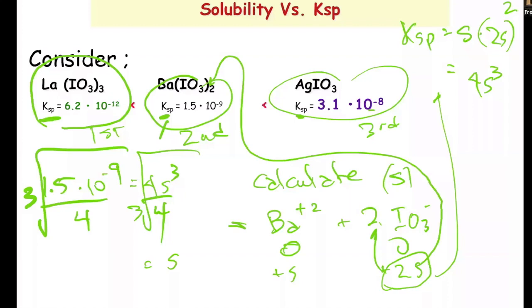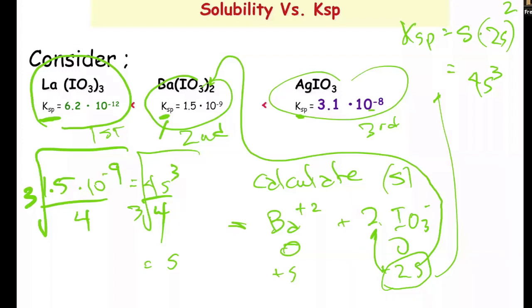Or if your calculator has a square root symbol with a 3 in front of it, that's the cube root. I'm going to use this function right here. I don't know if you guys can see that, but it's a cube root function.